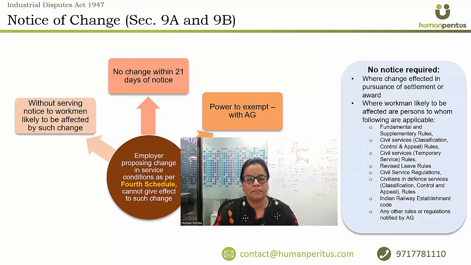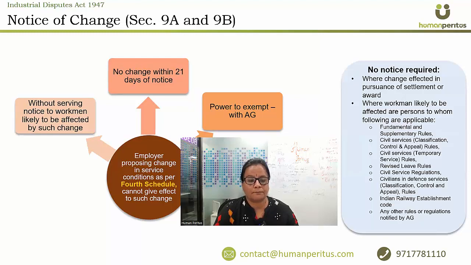Coming to section 9B, basically section 9B gives power of exemption to the appropriate government, wherein if the appropriate government is of the opinion that the application of the notice rule is prejudicial to the employers or is causing serious repercussions on the employers, then in that case the appropriate government can exempt such employers from serving 21 days notice to workmen for giving effect to any change in the conditions of service.